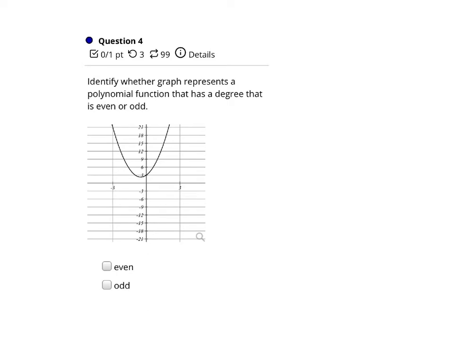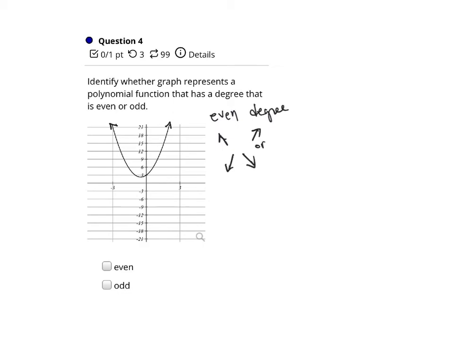All right, if both ends of a graph are going in the same direction, notice both of these are going up, that means it's an even degree. So both of these are going up, even degree, or if they were both going down, even degree.